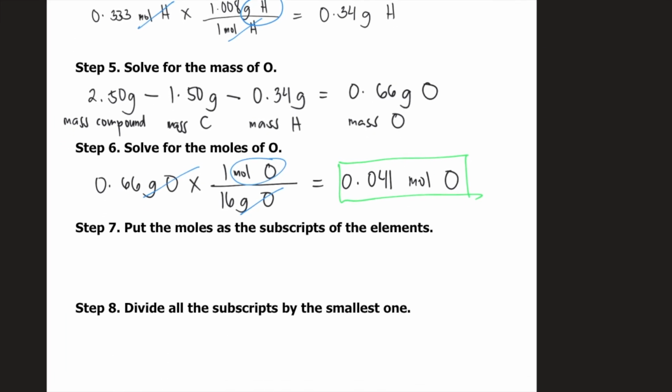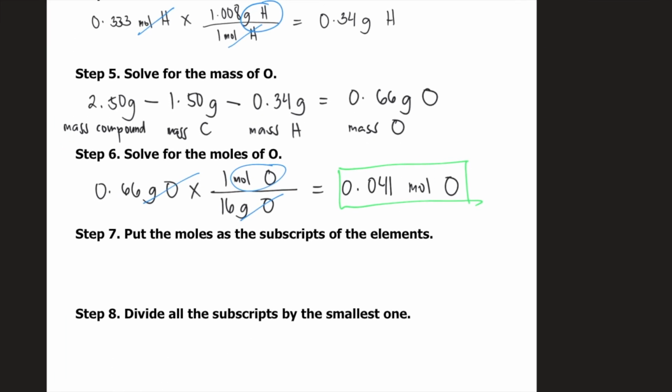In step number 7, it says here that the moles will be put as subscripts of the elements. So for carbon, what we got from step 1 is 0.125 moles. For hydrogen, in step 2, we got 0.333 moles. In step 6, for oxygen, we got 0.041 moles. So that's for step number 7.